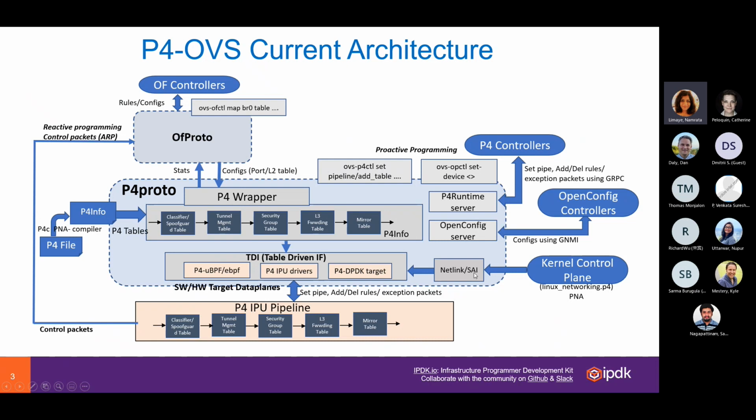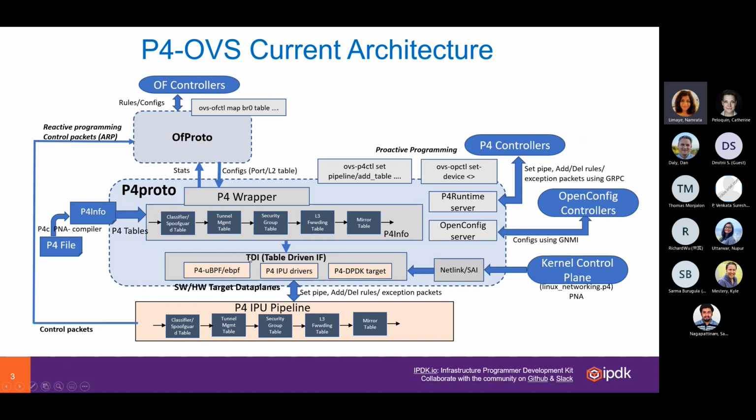The netlink message comes in and gets translated into SCI calls, which is a standard interface. You can go and check the SCI APIs, just Google it. Then these SCI calls will go into the TDI, the table-driven interface, which is also open sourced on p4lang/TDI.